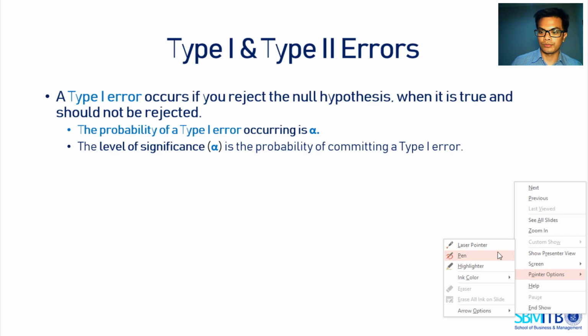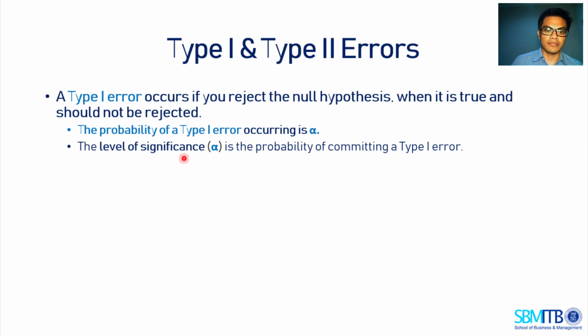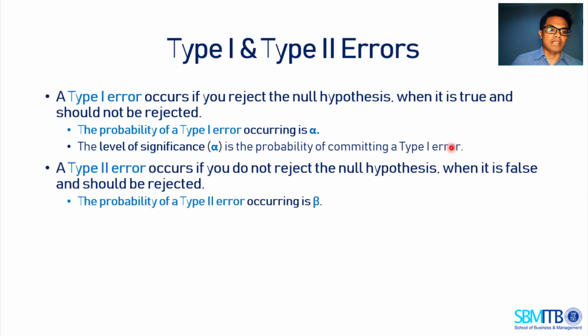In other words, the level of significance is the probability of committing a type 1 error. A type 2 error occurs if you do not reject the null hypothesis, but actually the null hypothesis is false and should be rejected. The probability of making a type 2 error is denoted by the symbol beta.